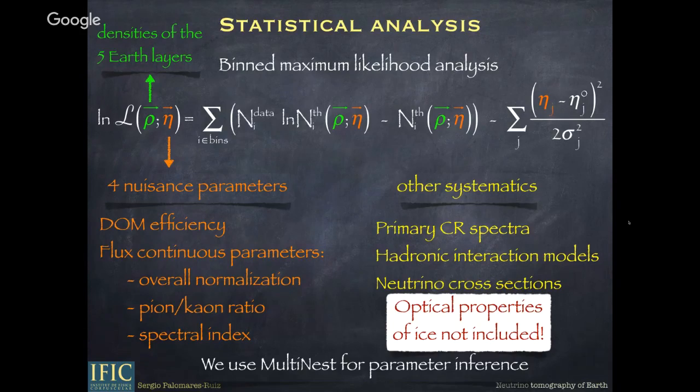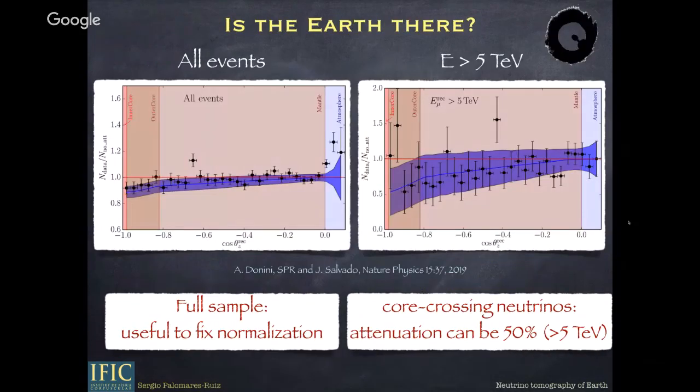Okay, so the first thing is to ask if the Earth is actually there, if we have Earth below our feet. And by that, for instance, we plot here the ratio of the data to the expectations with no attenuation. On the left plot, I show you this ratio as a function of the cosine of the zenith angle. So on the left is neutrinos crossing the core, and then to the right going to lower and lower depths.